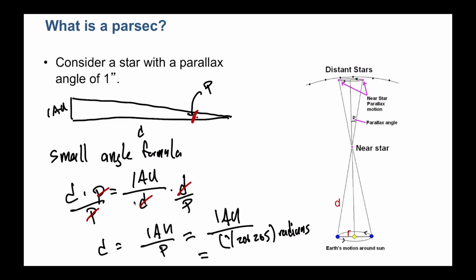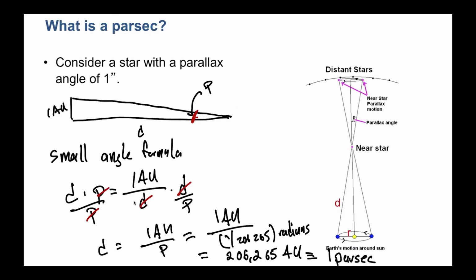The radians kind of goes away now, and this is 206,265 astronomical units. If a star has a parallax angle of exactly 1 arcsecond, then its distance will be 206,265 astronomical units. And that is, by definition, what we define to be 1 parsec.